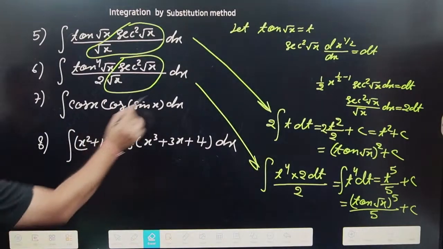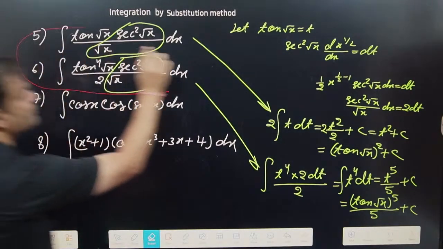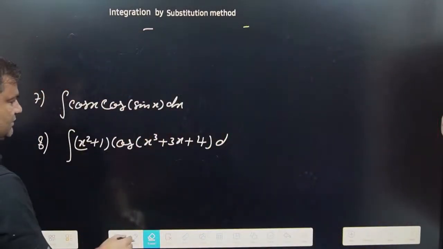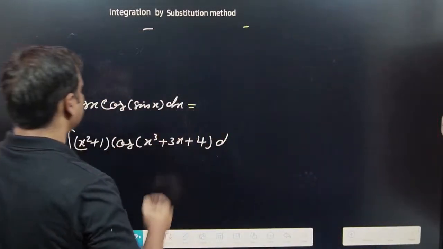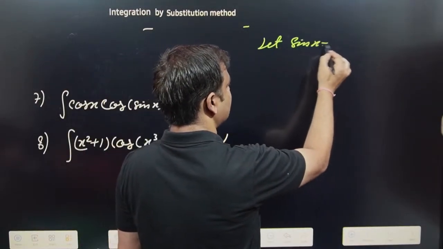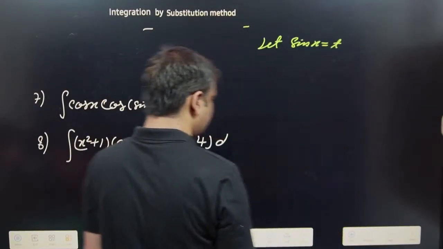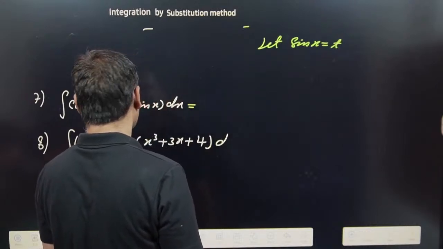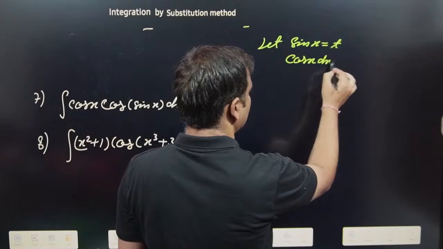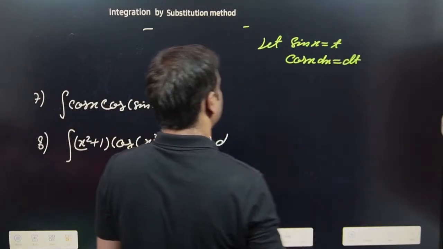Now next problem is, I hope everyone can do. Question number 7. Simply let sin x be taken as t. If this one is taken t, then differentiation of this one, cos x dx, is equal to dt.